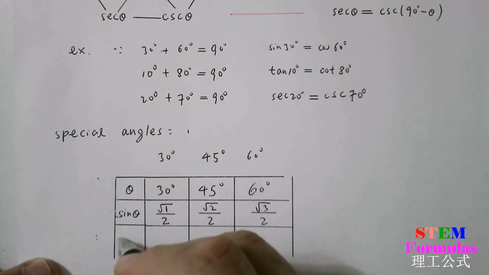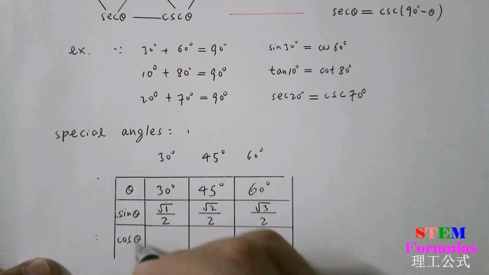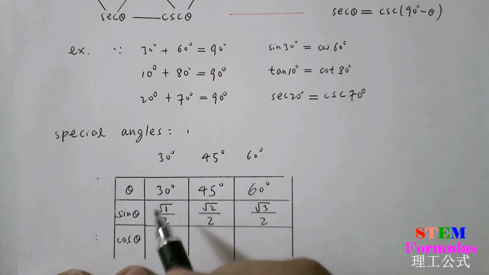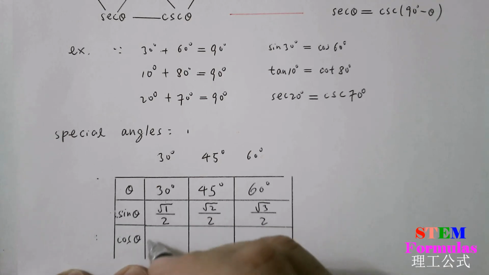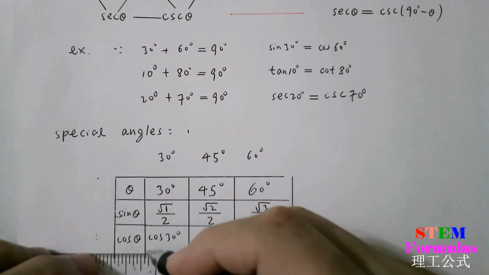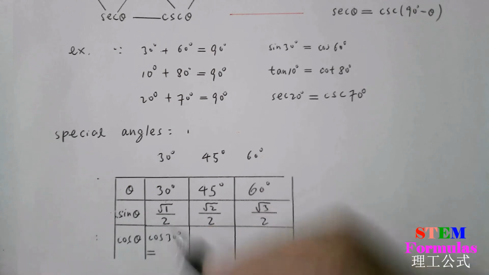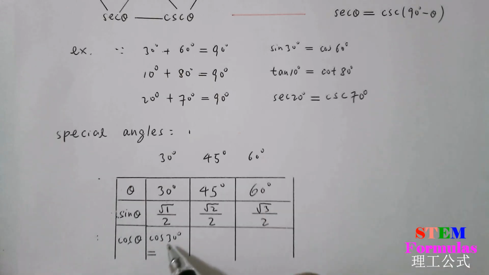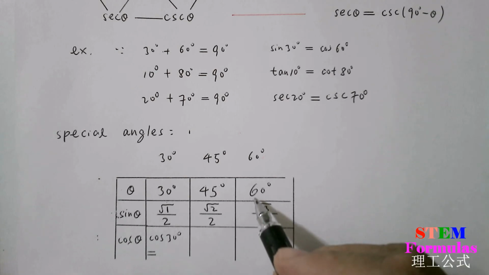For cosine, cosine 30 degrees equal, since 30 degrees plus 60 degrees is 90 degrees.